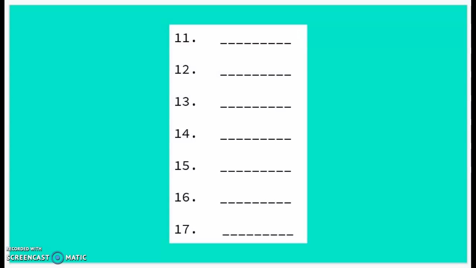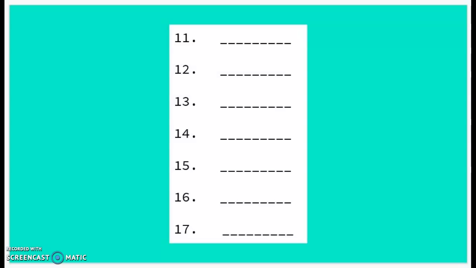Number 13, I. Right, I, and don't forget I consonant E. If you don't know how to write that down, look at the top of your paper by the picture of the dime.